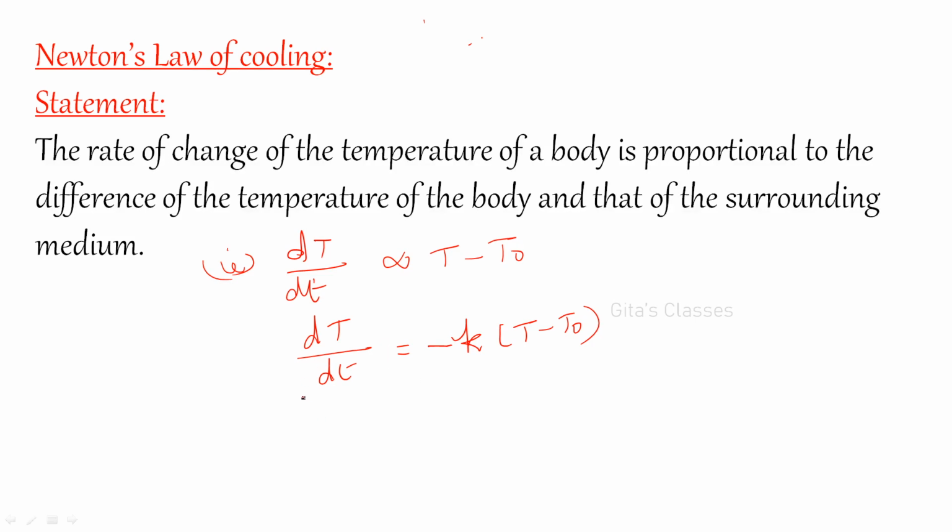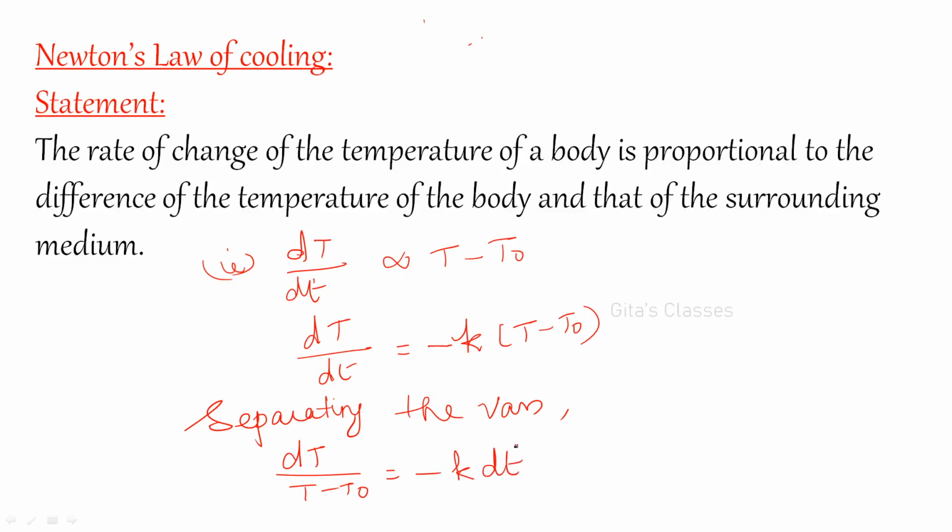Okay. Then we have to solve this differential equation. This is a first order differential equation, so you can solve this by separating the variables. When you separate the variables, what are the variables we have? Capital T and small t. So dT by T minus T naught is equal to minus k into dt.